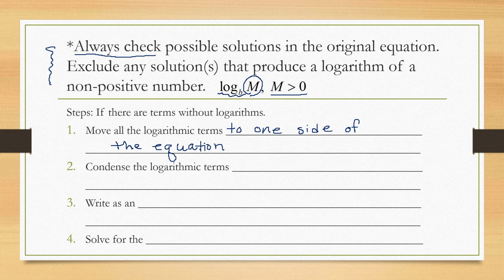So that will be adding and subtracting on both sides of the equation until we get logarithms on one side and non-logarithms on the other side. Now on the logarithmic side of the equation, we're going to condense those logarithmic terms into a single logarithmic expression.